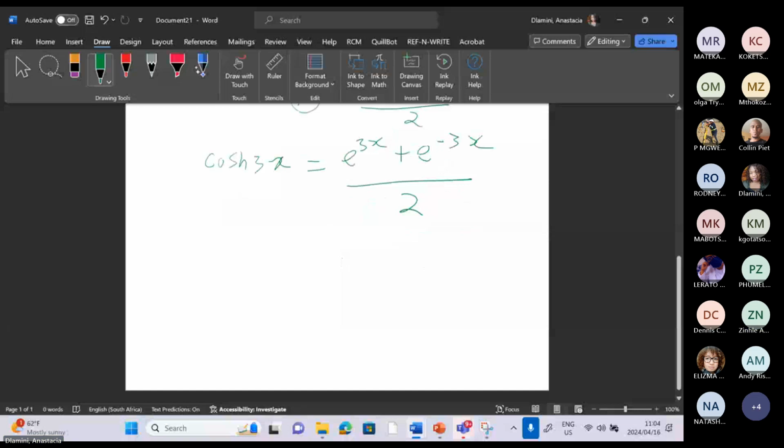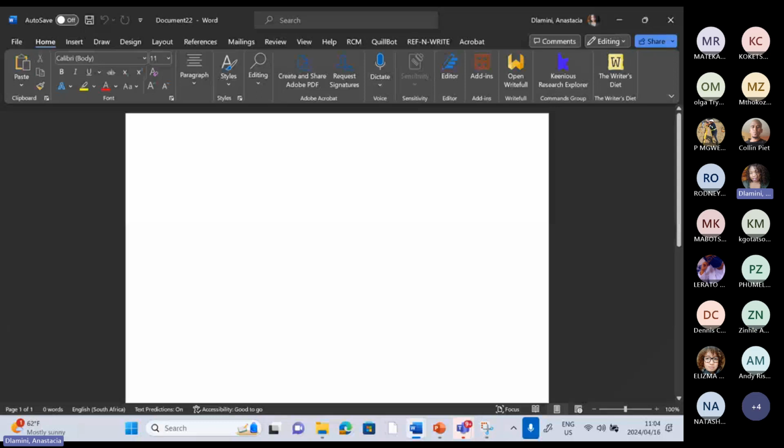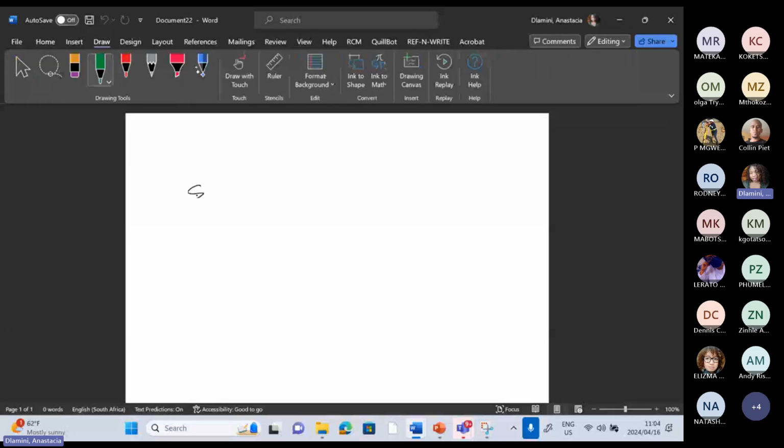Remember, since we have identities of trigonometric functions, we also have identities for hyperbolic functions. For example, remember we had sine squared of x plus cos squared of x equals 1. The corresponding one for hyperbolic functions is cosh squared of x minus sinh squared of x equals 1.